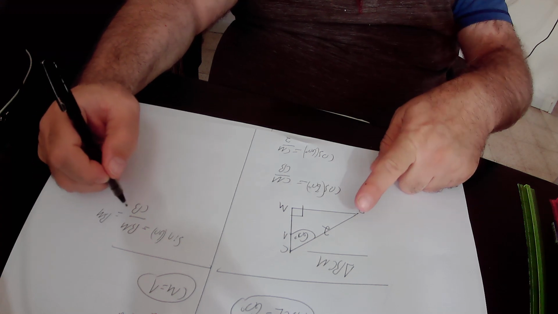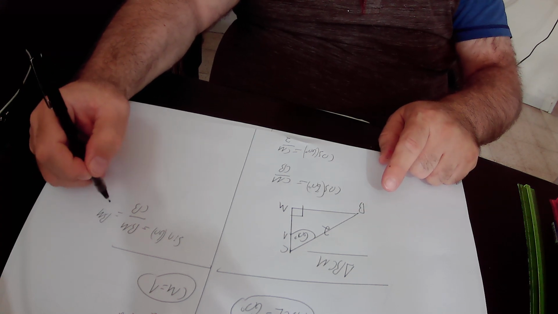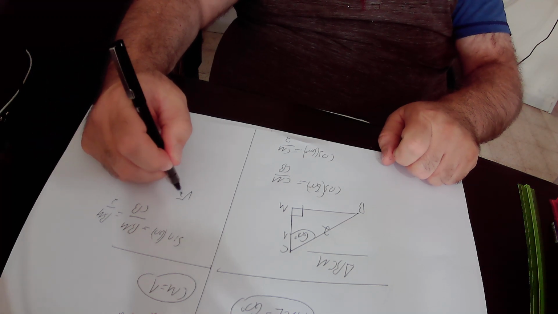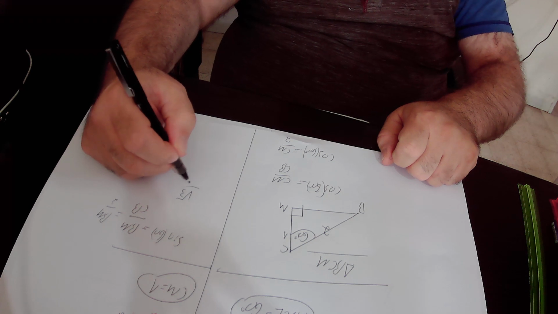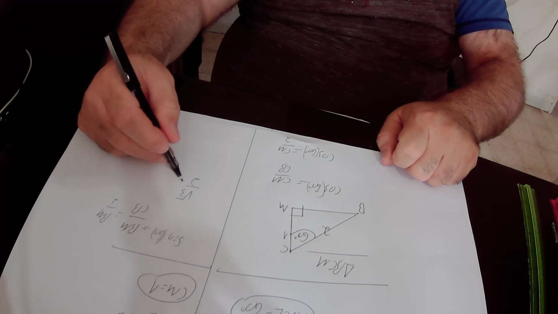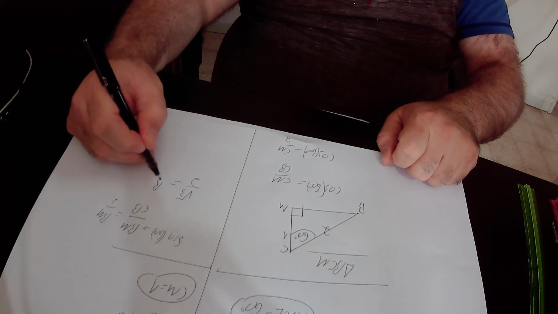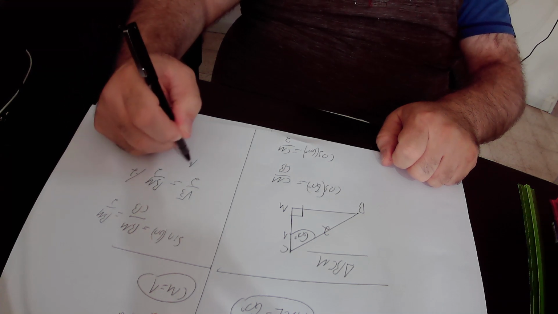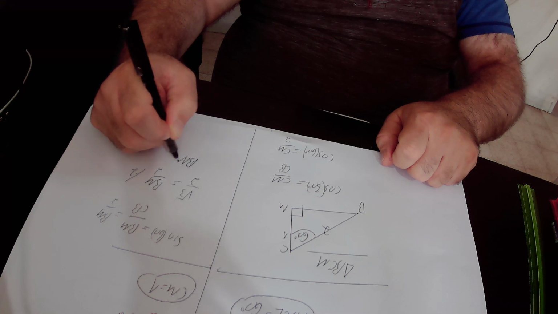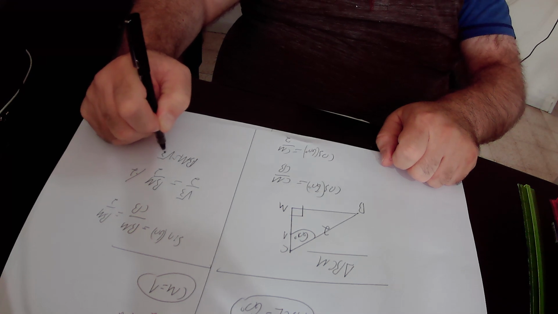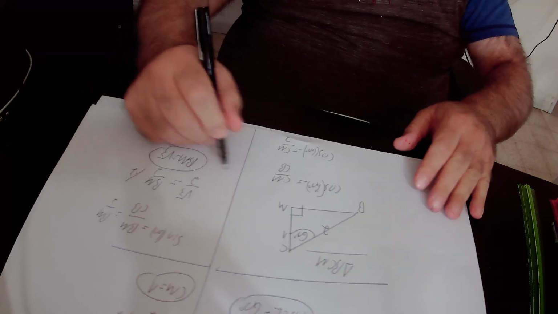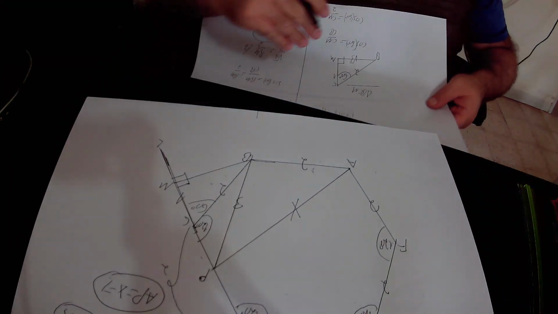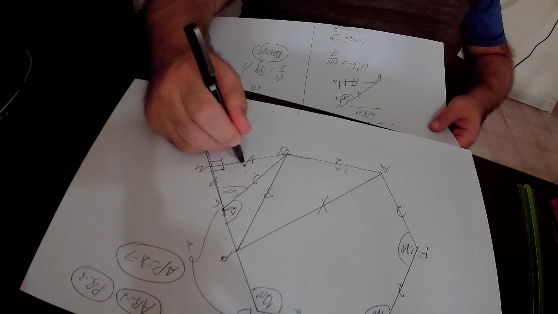CB equals 2 units, therefore we substitute CB by 2. Sine 60 degrees equals square root of 3 over 2, so we substitute it. So square root of 3 over 2 equals BM over 2. We multiply this equation by 2 and we get that BM equals the square root of 3 units. You can write here and also in the original drawing that BM equals the square root of 3 units.